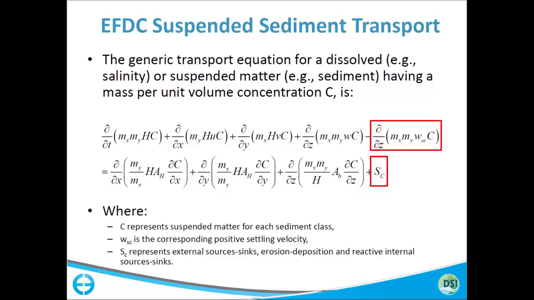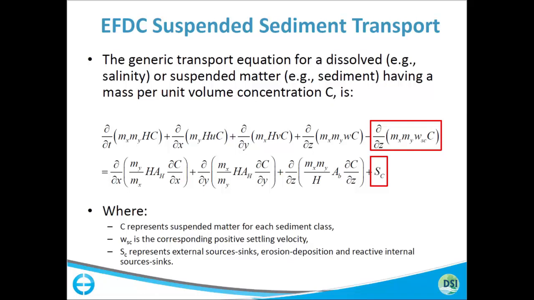I think we have some pretty exciting news for documentation of EFDC that we're releasing, and we'll talk about it at the end. But anyways, M is essentially your metric associated with the cell size, the X and the Y. So this represents the cell area, MX times MY, which is sometimes represented in the equations in documentation as just M, meaning this cell area.